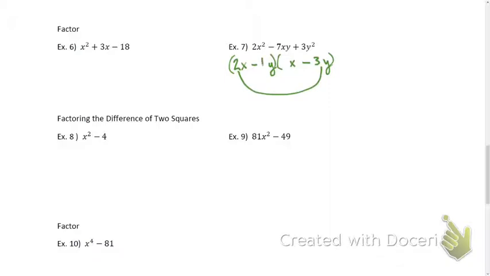Put a negative 1 right here, get a negative 1. Look at that. They add up to negative 7xy. It's factored. Once you get the hang of playing with those numbers like that, then it is not so bad at all. All right, but I'm going to show you the box method.